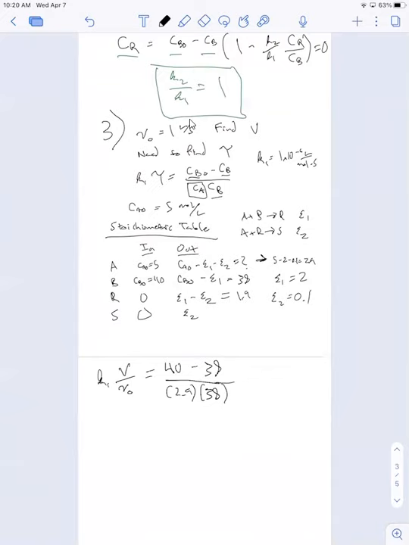So I can just plug in these values: 1 liter per second, and 1 times 10 to the negative 6 liter per mole second. And then the volume will equal 18,148 liters.